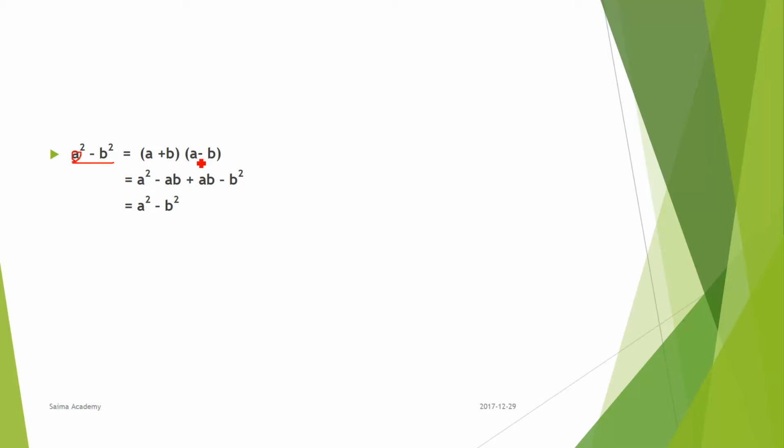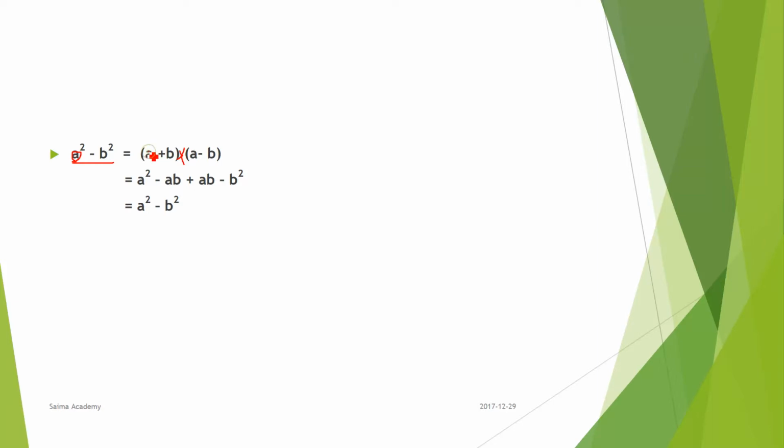And if someone asks you to prove it, that how come a plus b multiplied by a minus b equal to a square minus b square, so this is the proof. So a plus b, a minus b, there is no sign between these two parentheses. It means there is a multiplication sign here. So how will you multiply? I told you that you have to add the exponent.